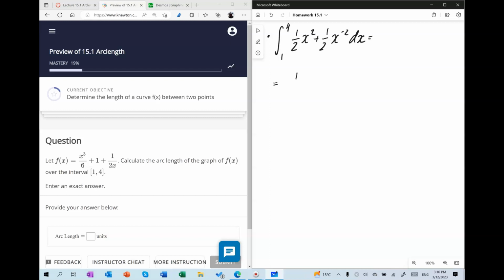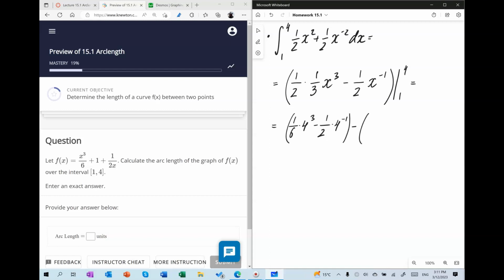So the antiderivative will be 1/2 times 1/3 x cubed minus 1/2 x to the power -1. And we're going to evaluate it from 1 to 4. Here we just have to be careful. We have 1/6 times 4 cubed minus 1/2 times 4 to the power -1 minus, and now we plug in 1.